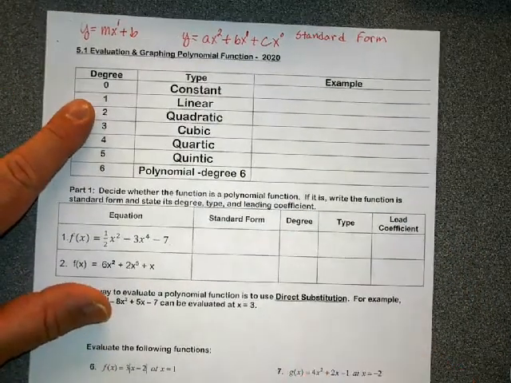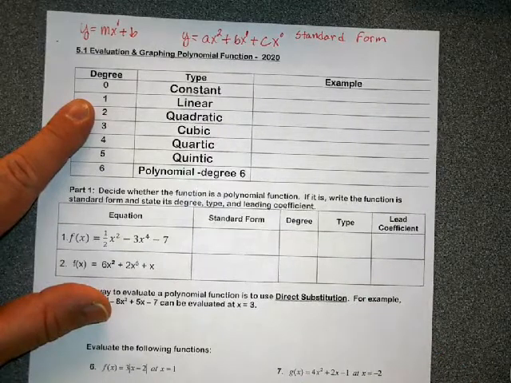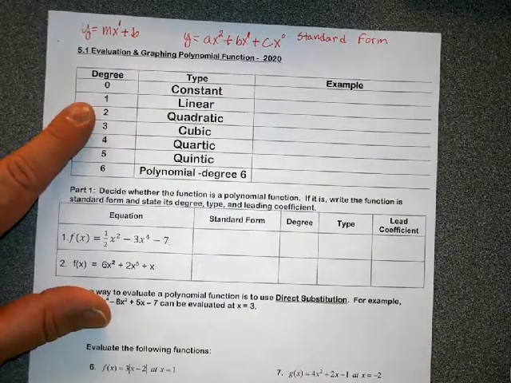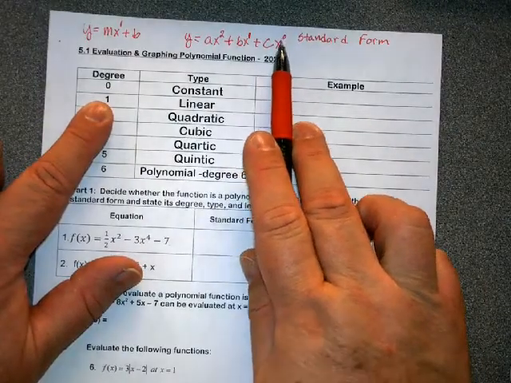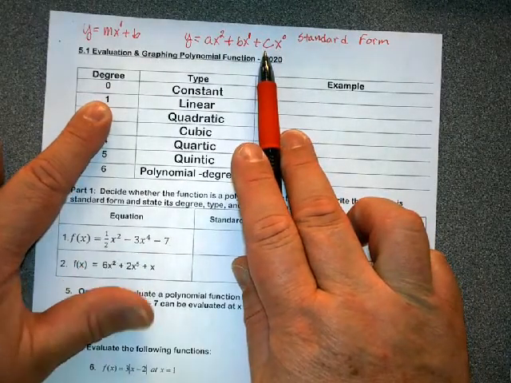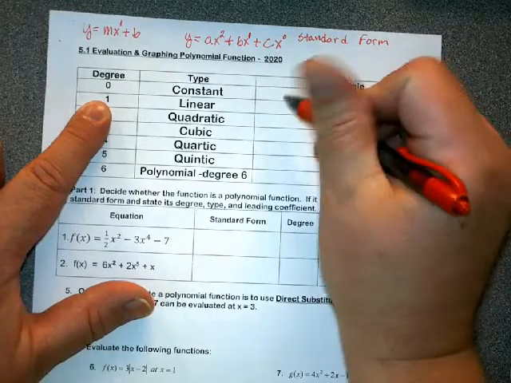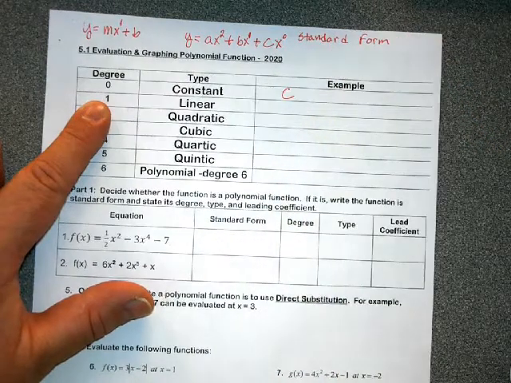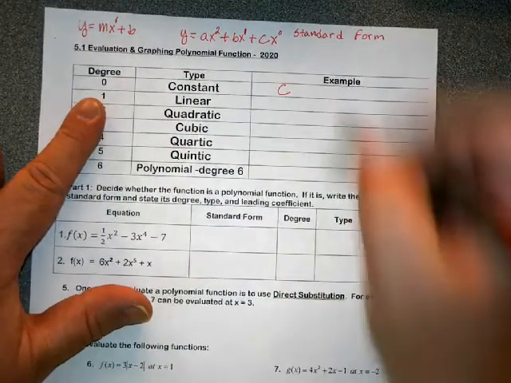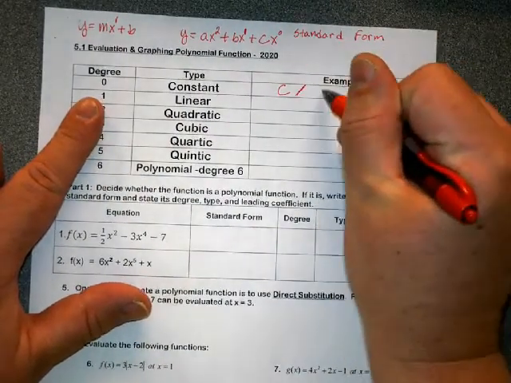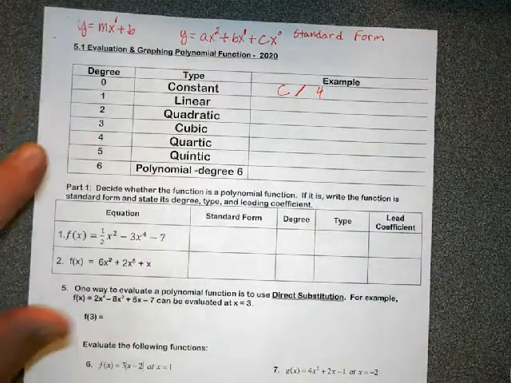So let's discuss the different types of polynomial functions. If I have a degree of 0, I end up with just a constant, right? Well, we could just use c for constant. If you really want an example, you could put a number there. I don't know, number 4 is fine.